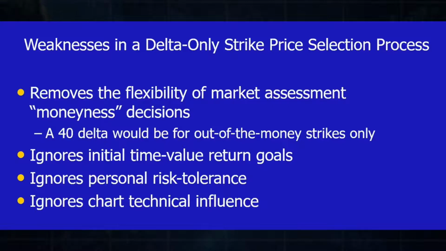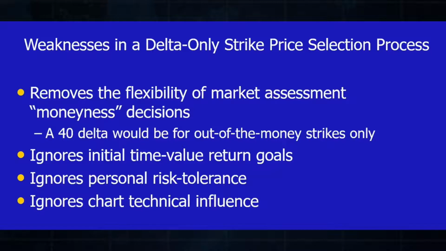Now, it also ignores initial time value returns. We do know that with a delta of 40, we're pretty close to at the money. We're going to get a richer premium than if we use the lower delta. However, we don't have it nailed down specifically. So once we determine what our goal is, then we will know what option to select, and the delta will kind of happen automatically.